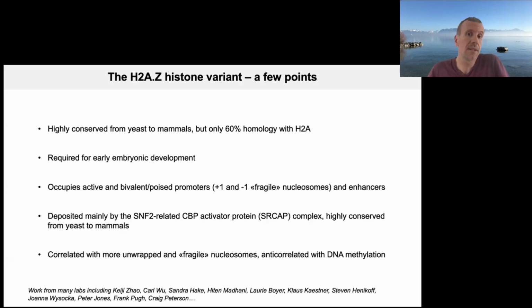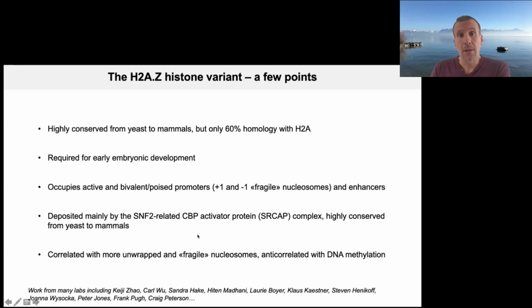So if you don't have H2A.Z, the embryo doesn't implant. You can find H2A.Z at inactive and also bivalent and poised promoters and enhancers. These are regulatory regions that either produce transcripts or that are poised to be activated during early development, for example, in embryonic stem cells.